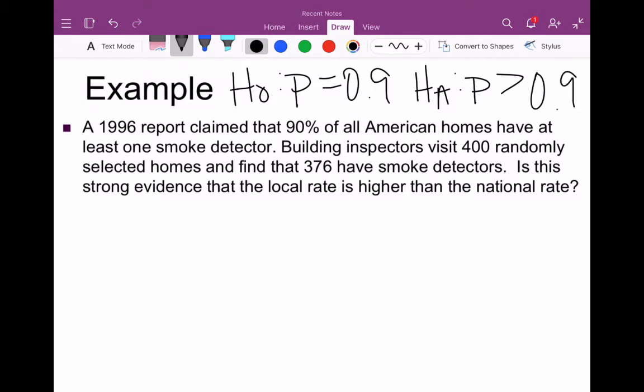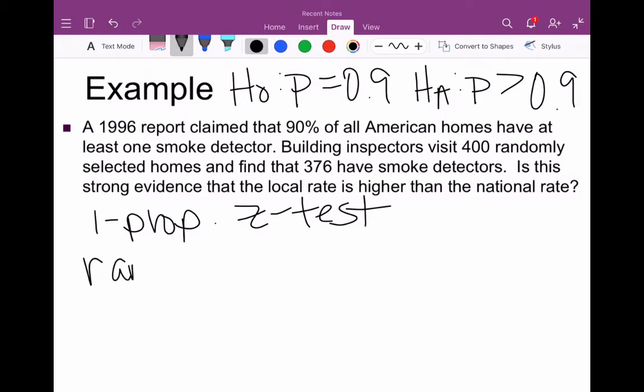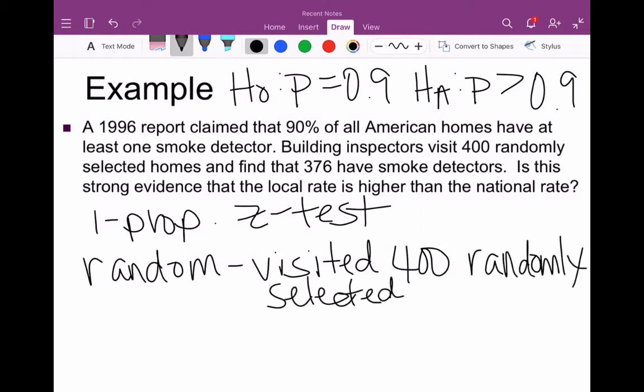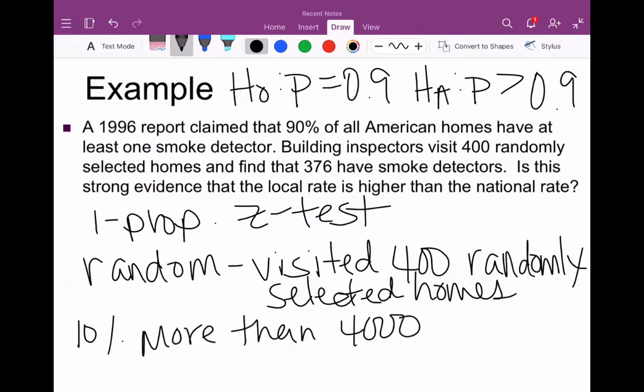Next, we move on to stating what model we're using, which is a one proportion z-test, and then we state our conditions to make sure that we can actually use this test. So we have random, and it was stated that they visited 400 randomly selected homes. Our 10% condition, so there are more than 4,000 homes in the US.